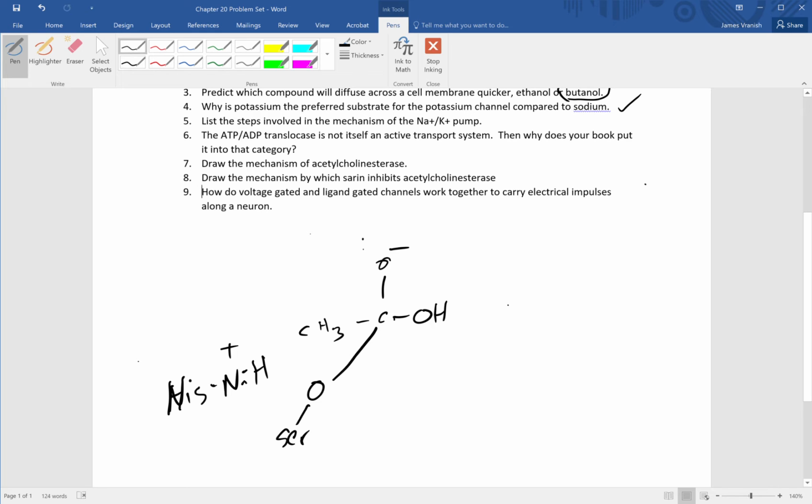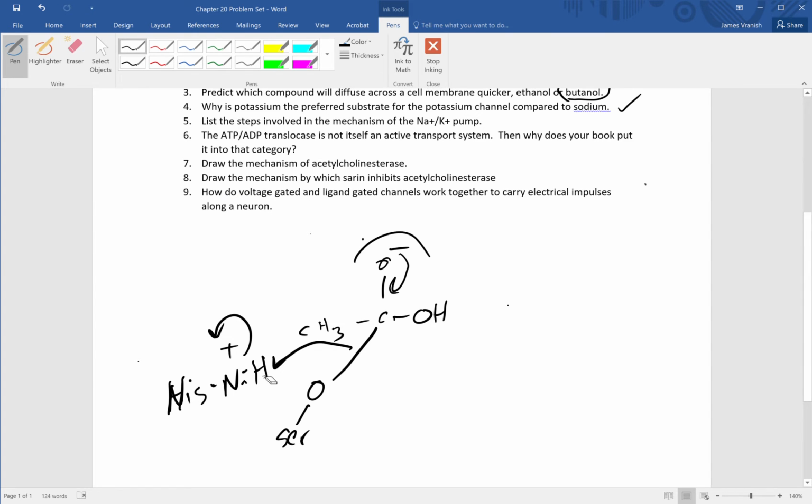This is an unstable intermediate. There's going to be an oxyanion hole here, stabilizing the negatively charged oxygen in the tetrahedral form. That can collapse back down. Now we want to cleave off our serine, so it's going to pick up the H plus there and leave those electrons behind on the histidine.